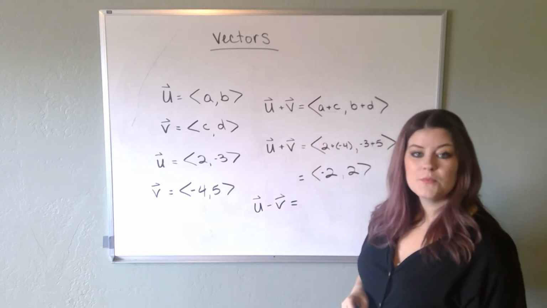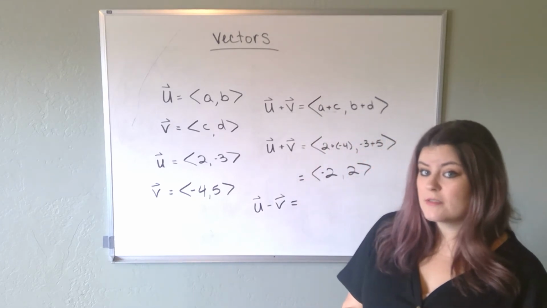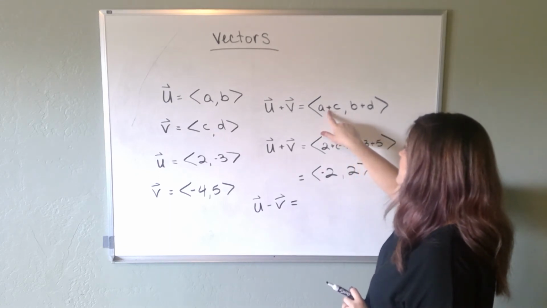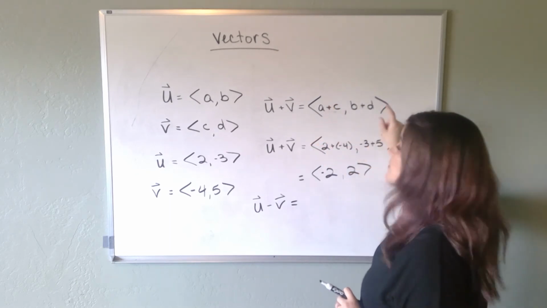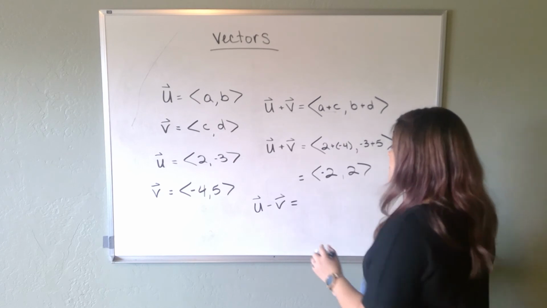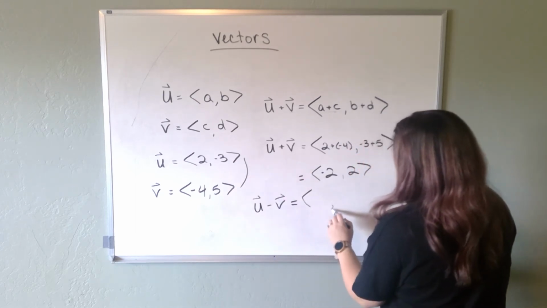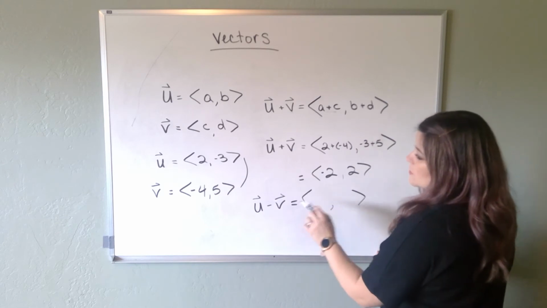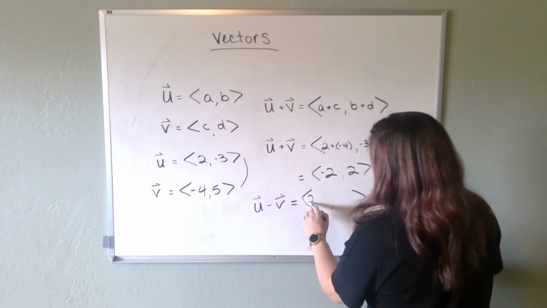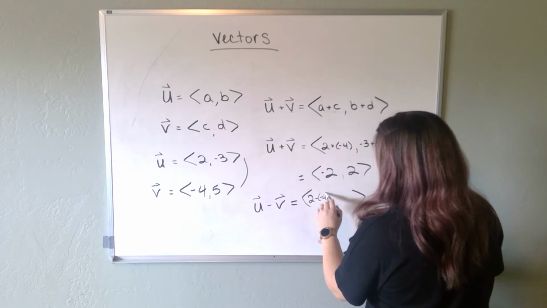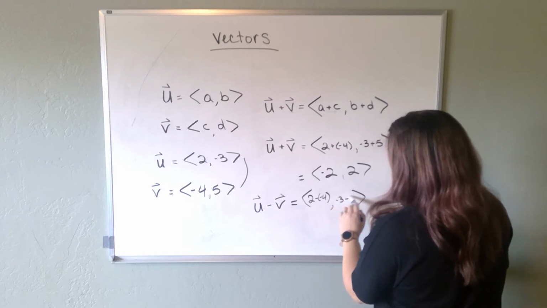What if I want to do u minus v? How do you think that works? Well, it works the exact same way, except we'll subtract the two first terms and we'll subtract the two second terms. So let's find u minus v for this example here. So u minus v would be 2 minus negative 4 and negative 3 minus 5.